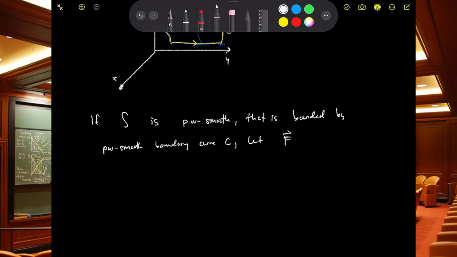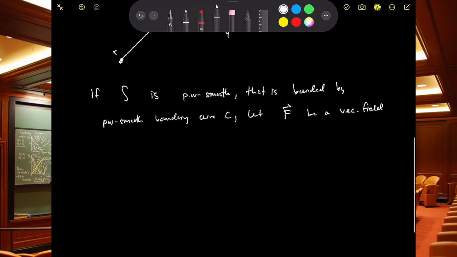Let's look at a vector field. Vector field whose components have continuous partial derivatives.